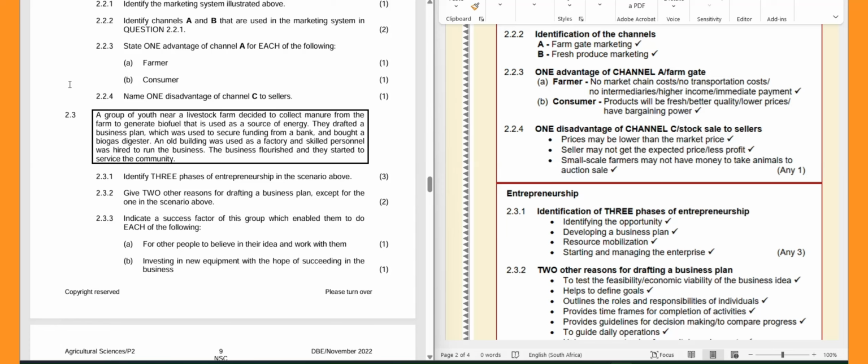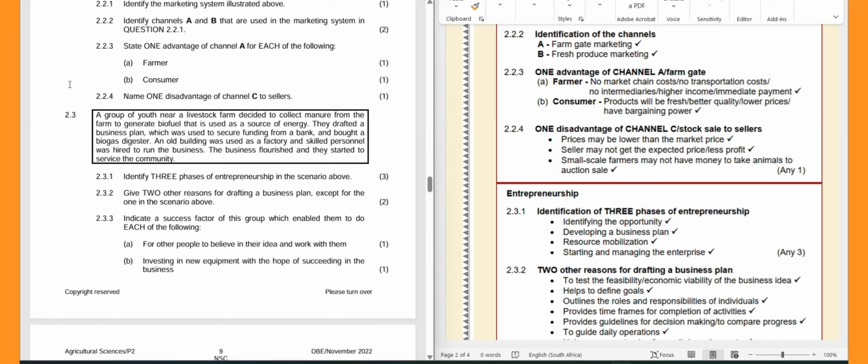So for the farmer, there is no marketing chain cost, or there are no transportation costs. Then B, for the consumer, the consumers get the produce while it is still fresh.